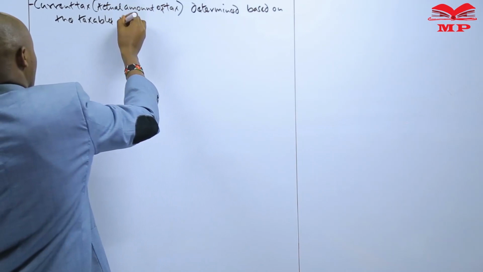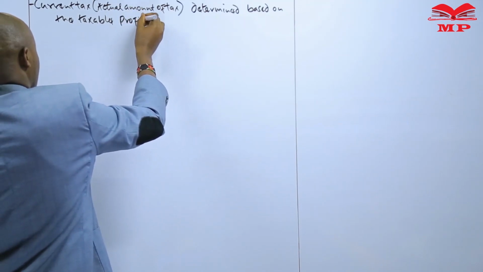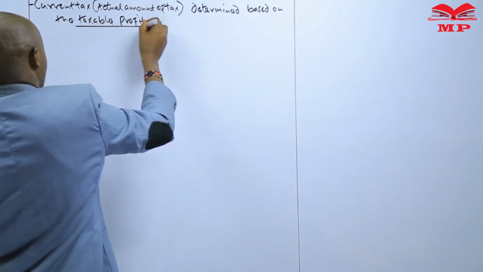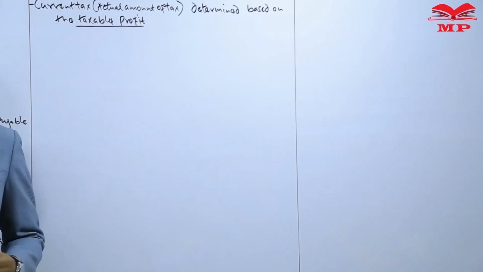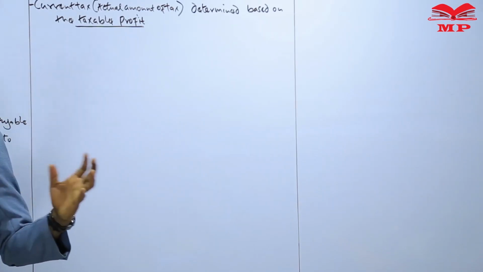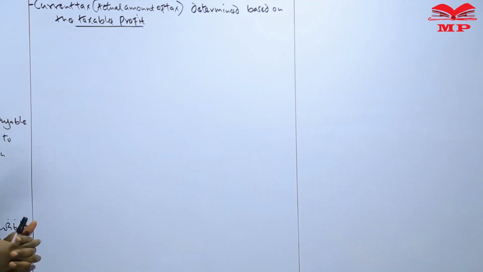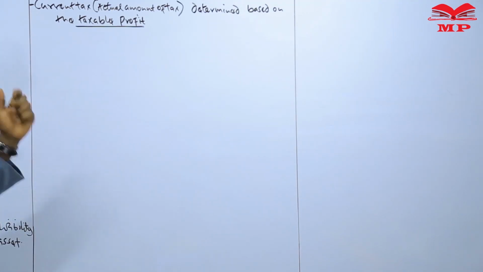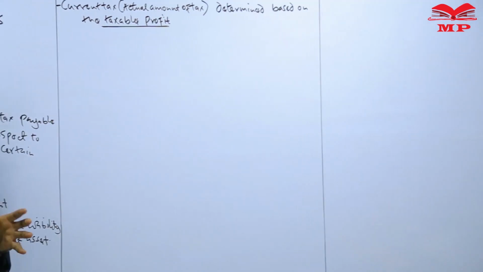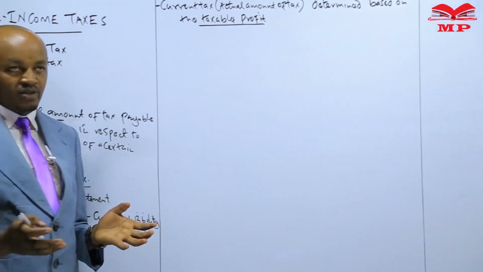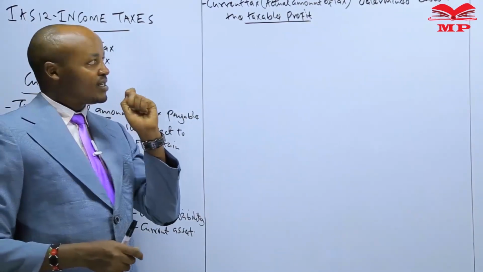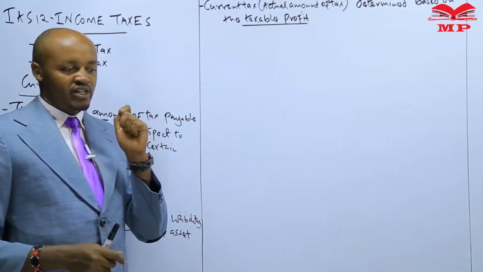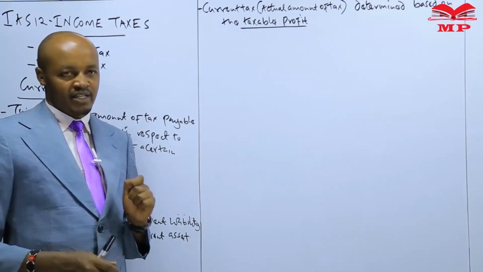Now, when we talk about the taxable profit, this is that particular profit which is computed by the company based on the existing tax laws, meaning that for us to compute the taxable profit, we take the taxable incomes and then we less only the allowable expenses. So the amount of tax which is supposed to be paid is computed based on the taxable profit.